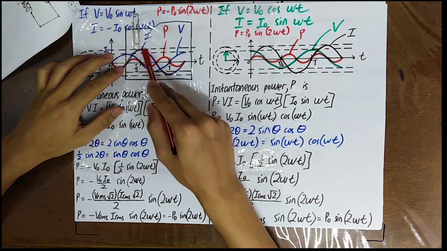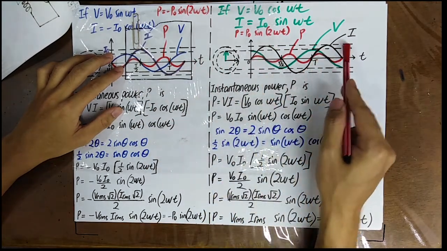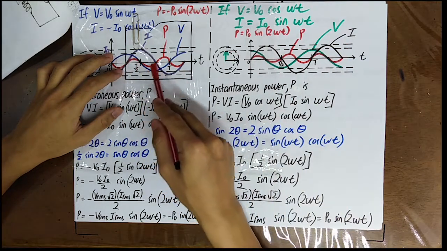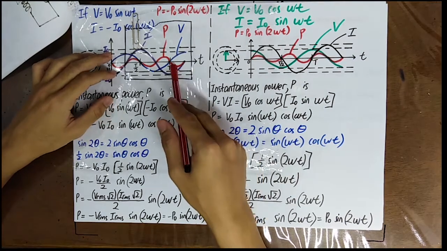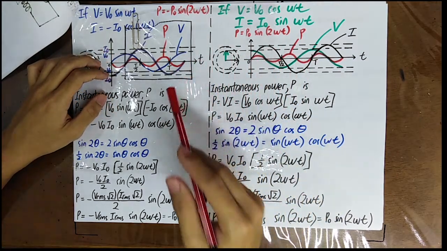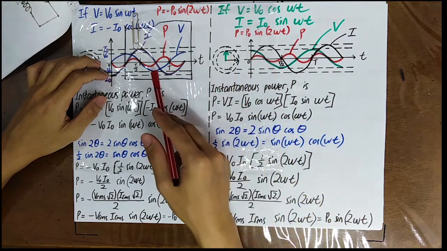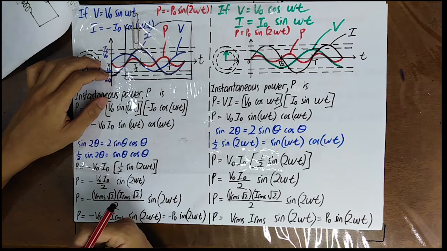When the current is like this, the current is like this also. And then the power is also like this. That means that they are actually the same graph. The only difference is that they started at a different phase angle.